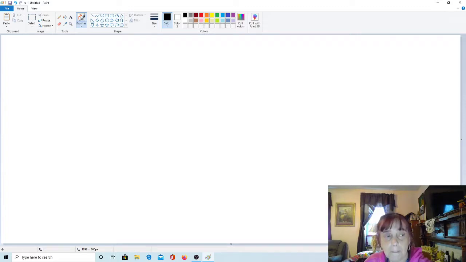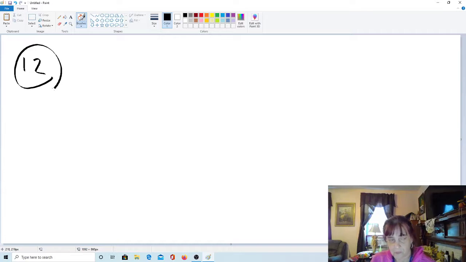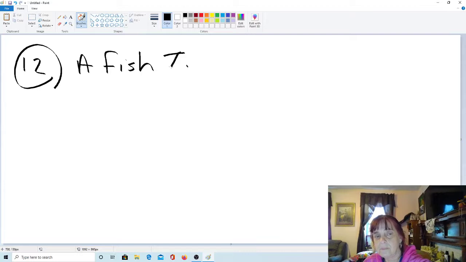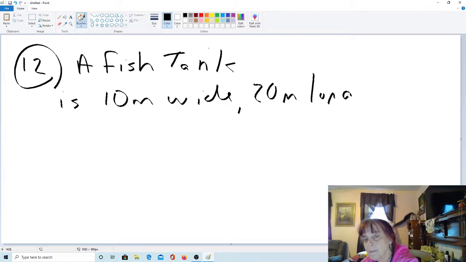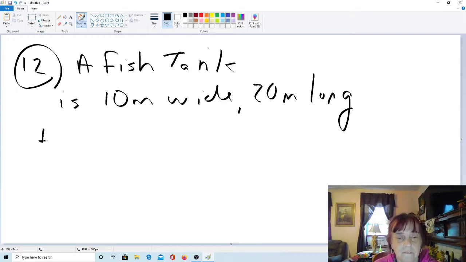All right, number 12. A fish tank is 10 meters wide, 20 meters long, and 5 meters high.